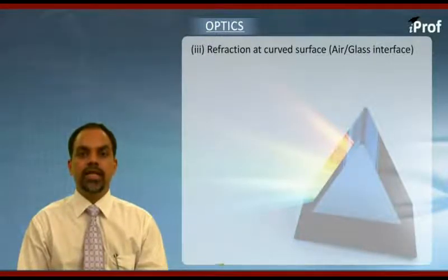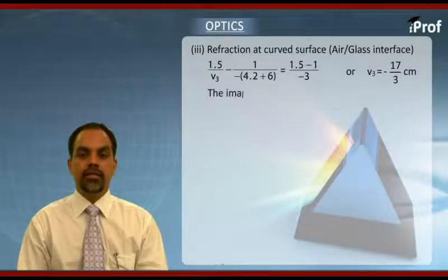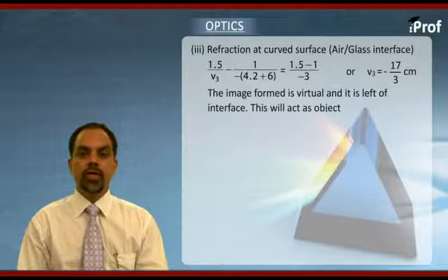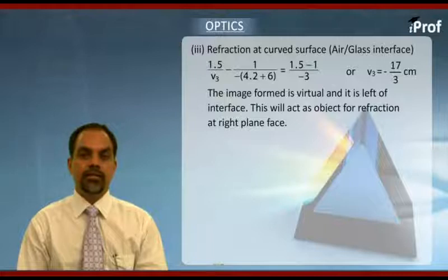Taking care of distances and taking care of the fact that now the distances will be measured from the pole of this refracting surface, we substitute the relevant figures and we get 1.5 divided by V3 minus 1 over in denominator minus within bracket 4.2 plus 6, and that is the diameter 6 centimeter, is equal to 1.5 minus 1 divided by minus 3. This on simplification gives me V3 as minus 17 by 3 centimeter.